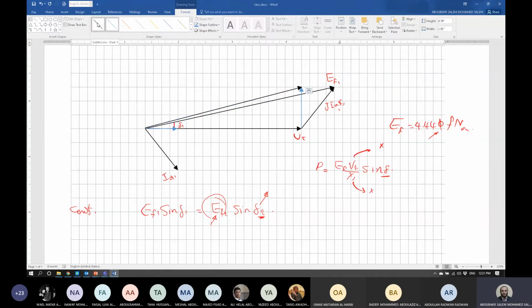Now, if we would like to get the locus of E value in order to keep power constant, as you can see, guys, this vector is EF. This is here EF2.